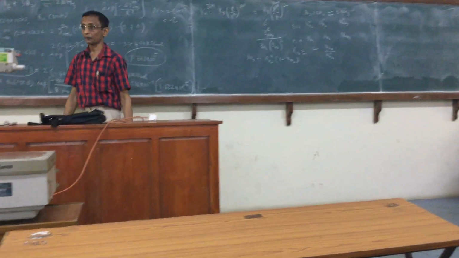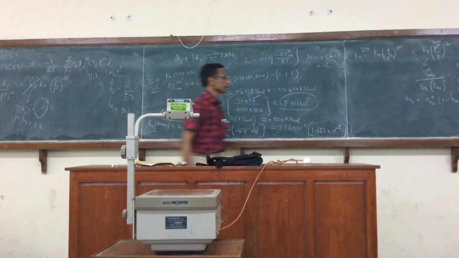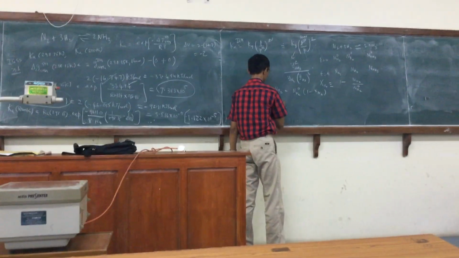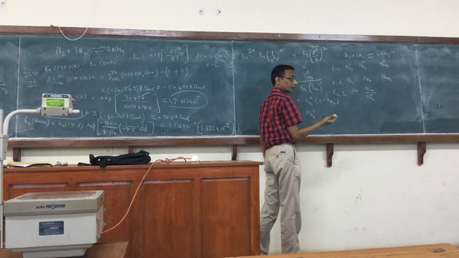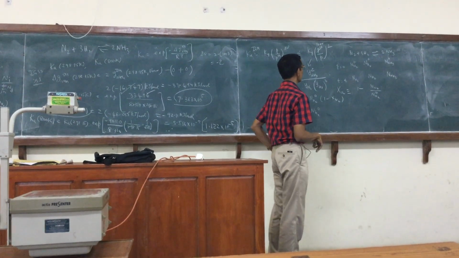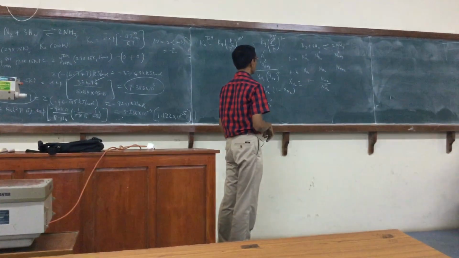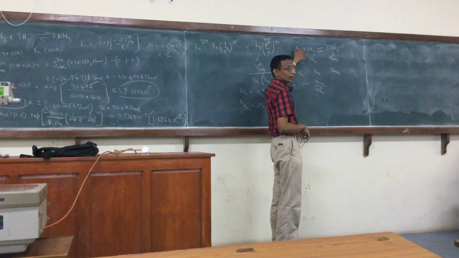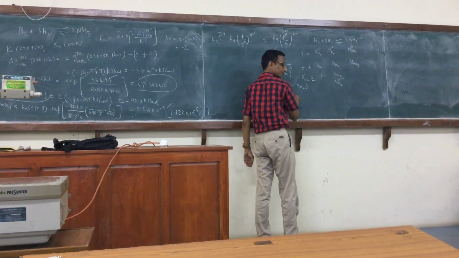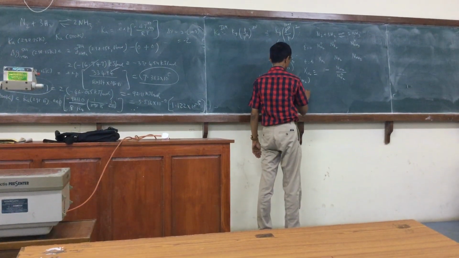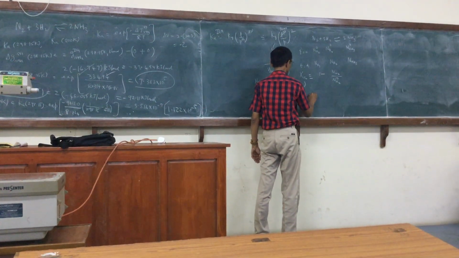So first thing I have accomplished that, and clearly NH2 would be NH2 naught. Now this is something that we have all done in reaction engineering courses, so it would be fairly straightforward. So 3 times the number of moles of N2 that have reacted. So this would be minus 3 times N2 naught minus NN2.